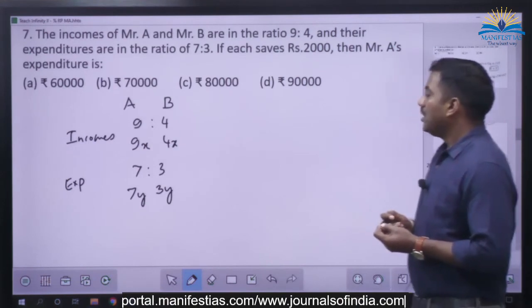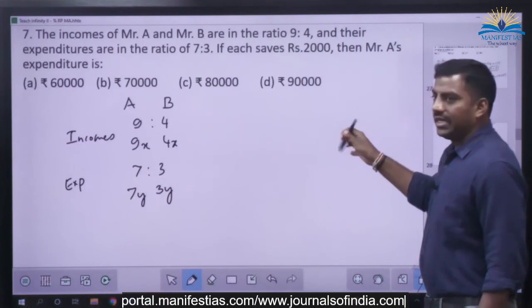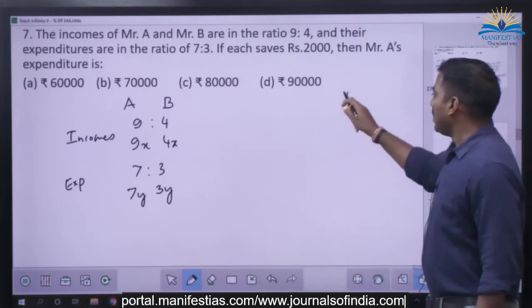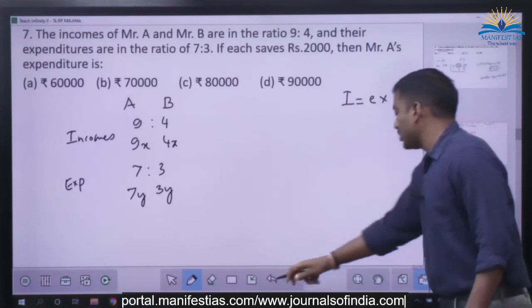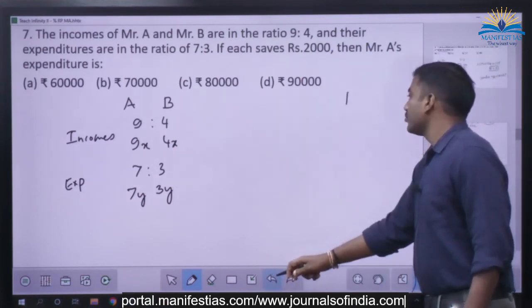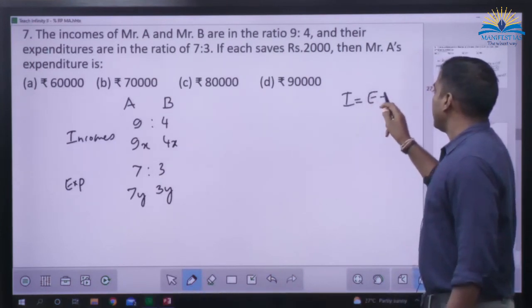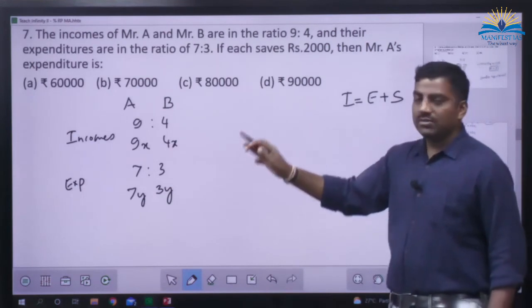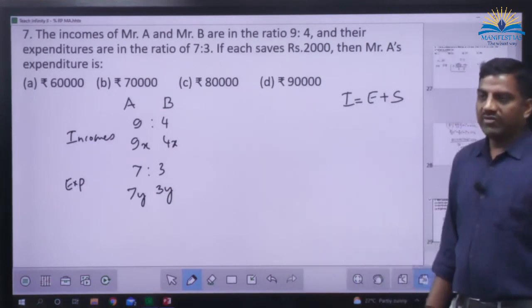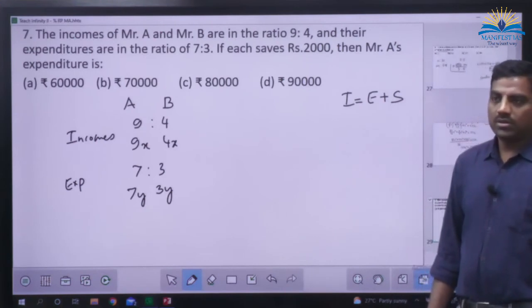Now, each saves 2,000. One universal understanding that we have: income of a person is equal to expenditure plus saving. Here they have given incomes and expenditures, so when we subtract the expenditure from income, we get savings.